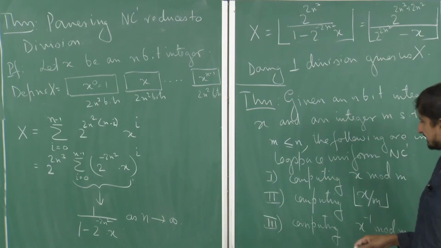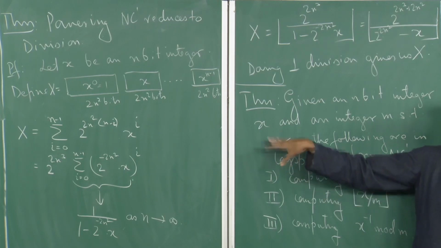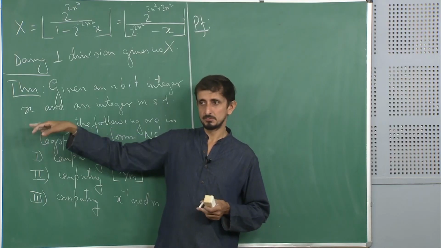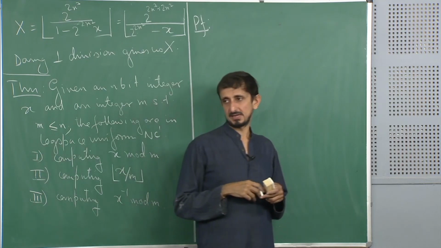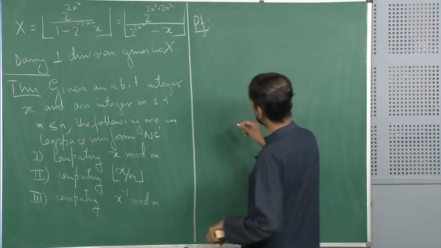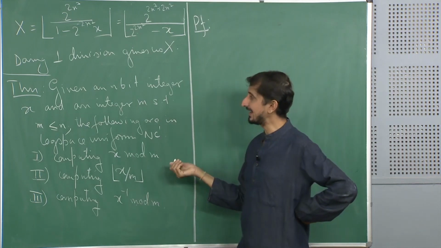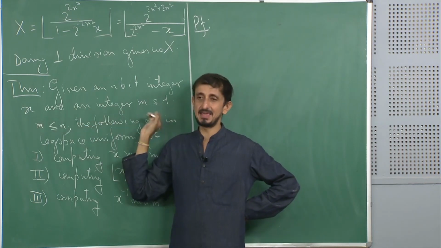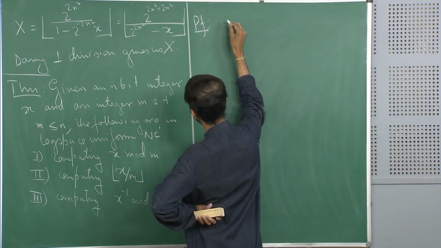So, what we do here is that, as I said, observe that m is much smaller compared to x. Okay. So, x can be as large as 2 to the power n, but m is only at most n. So, the first step of the proof is to pre-compute some quantities which are independent of x and m, which only depend on n.